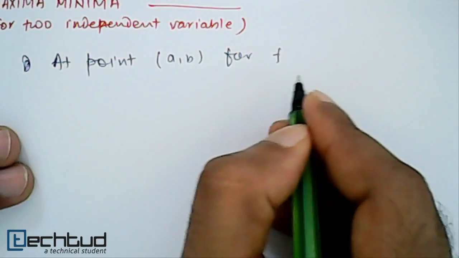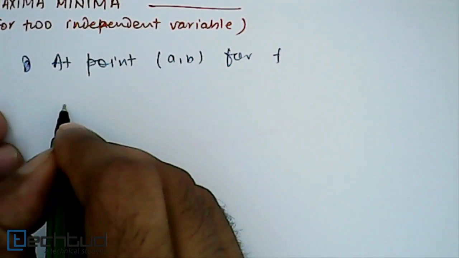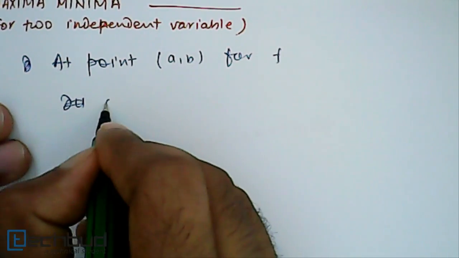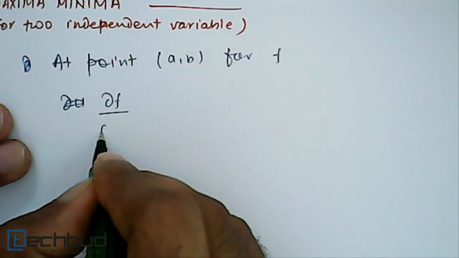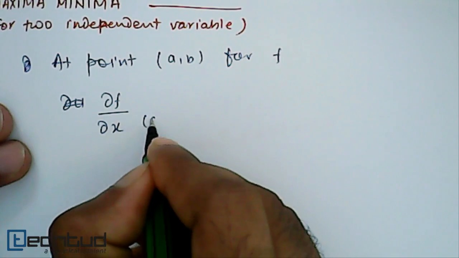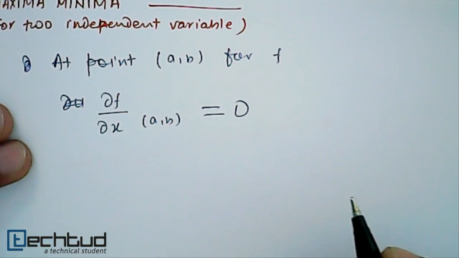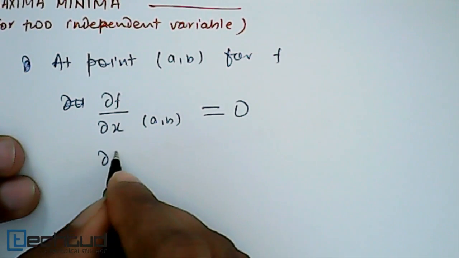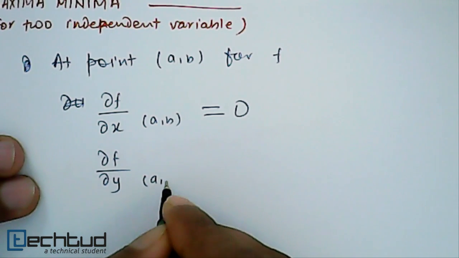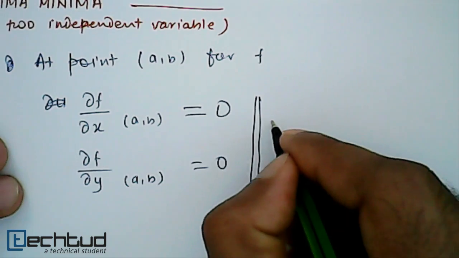So for f we are checking maxima and minima at point AB. So first of all we will go and find out del f upon del x at point AB, and this should be equal to 0. Similarly we will find del f upon del y, and at AB it should be equal to 0.